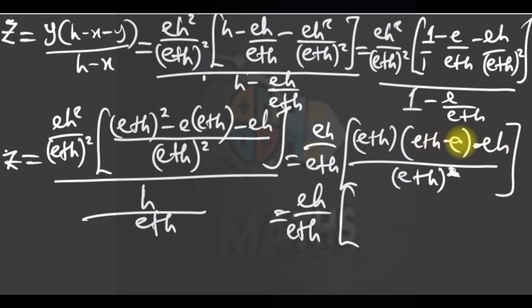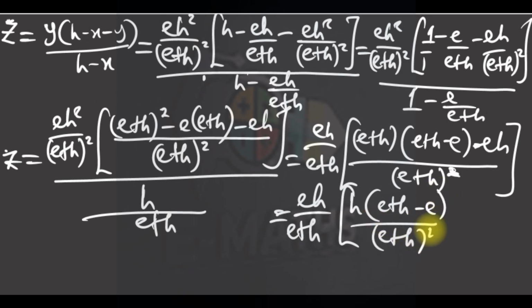And again, h is common in both, so we can bring out h, and we're left with (e plus h minus e) over (e plus h) all squared. You get e plus h minus e is h, and h is common in both, so we are left with this minus e.